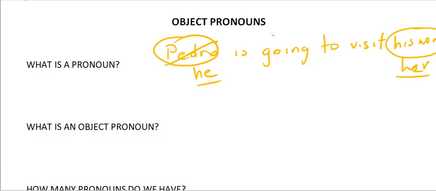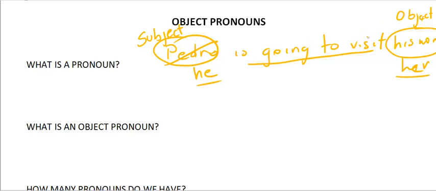In this sentence in English, for example, Pedro is executing the action, so Pedro is the subject of the action. And his mom is receiving the action of the verb. In this case, the action is going to visit. So his mom is the object of the action. The one who receives the action of the verb is the object of the action.